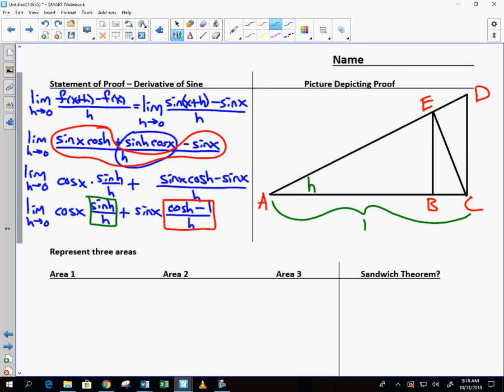Here we go. So I'm going to add in here H, and I'm going to add in here 1. So the length of AC is 1, and the length of AD is 1 as well. We're going to call the angle H. All right?